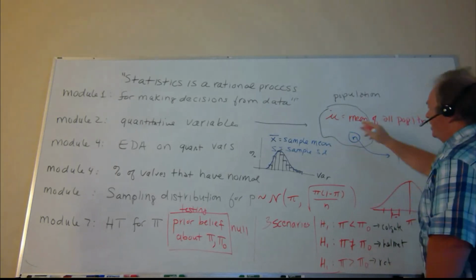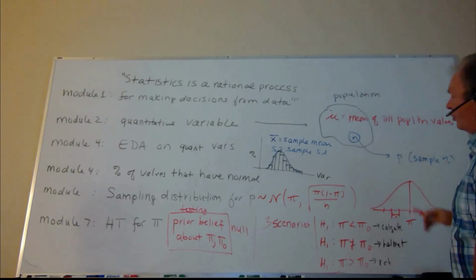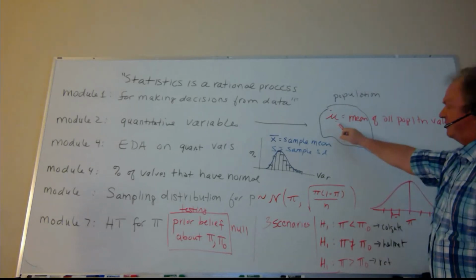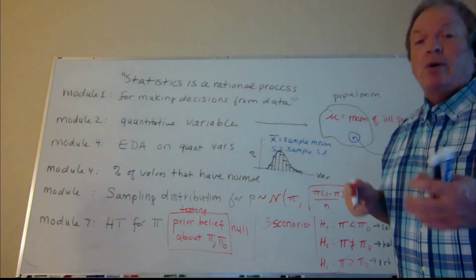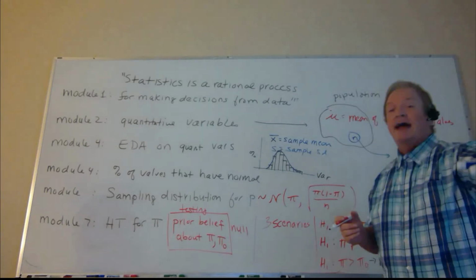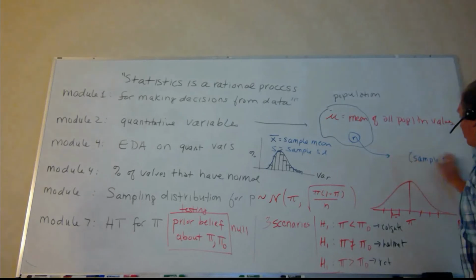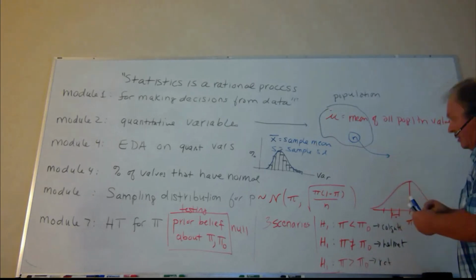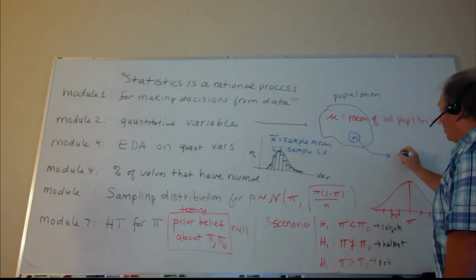This is the population mean. And we want to make decisions about the value of this population mean. This is where we're headed, the same way we wanted to make decisions about the population proportion, the parameter for a categorical variable. Now we want to make decisions on this. So when we took our sample, what did we compute? We computed the sample mean, x bar.